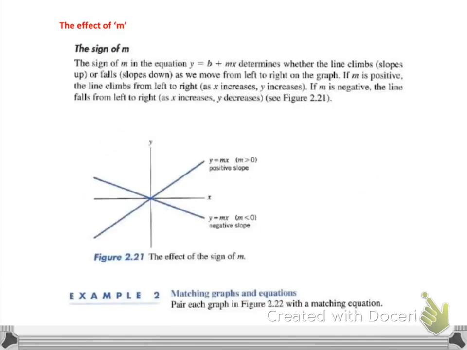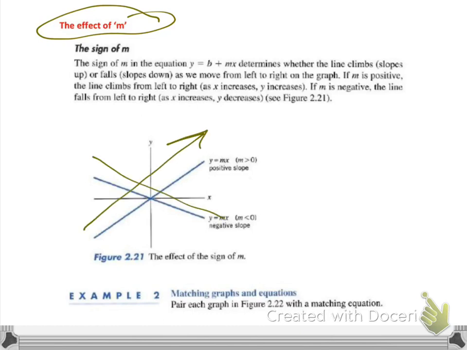Okay, on this page we're going to talk about the effect of the slope. So remember, the slope is the coefficient to the x. If the slope is positive, your line is heading this direction. If your slope is negative, it heads this direction. So the slope itself can vary in degrees of positivity and in degrees of negativity.